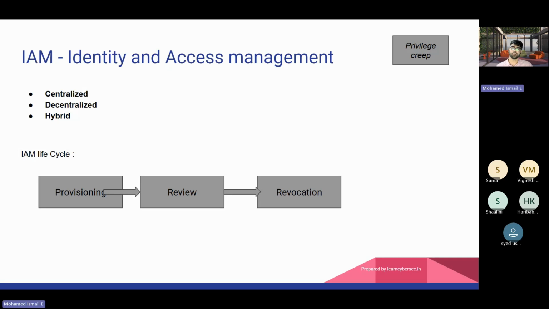Now what's happening? I joined as an analyst, I was promoted to L3 engineer, now I have become a manager. Over the period, staying in the same company, you are accumulating more permissions year by year. Whenever you get a promotion, whenever you move within the company, you are adding more permissions to your user ID.